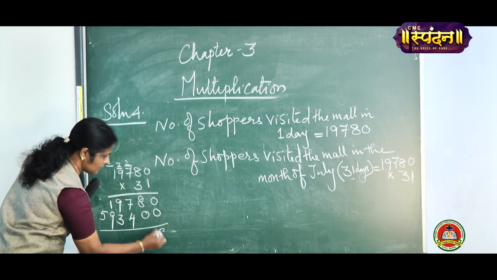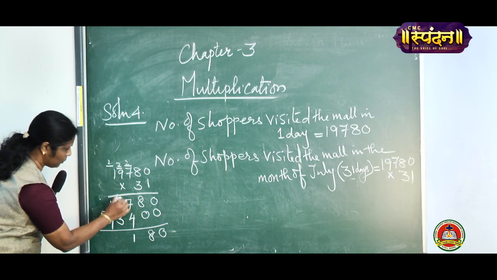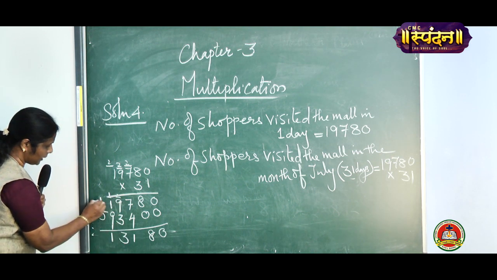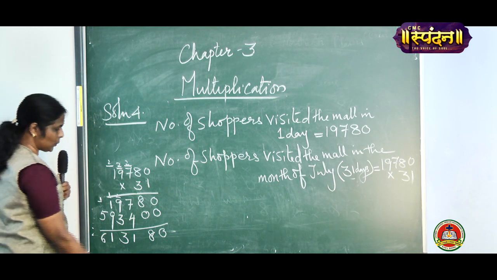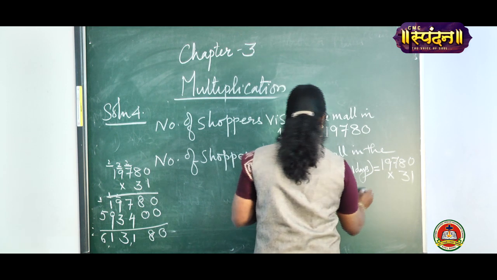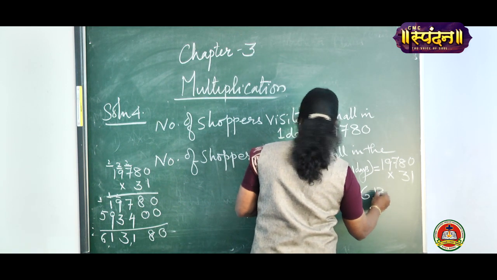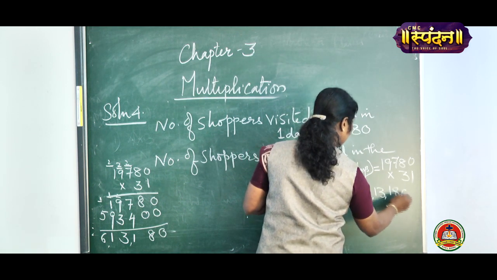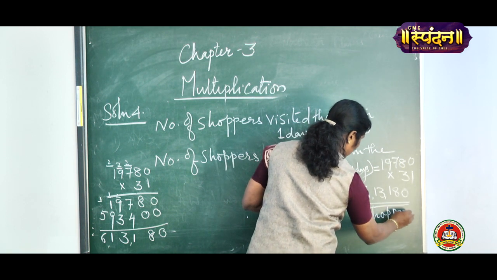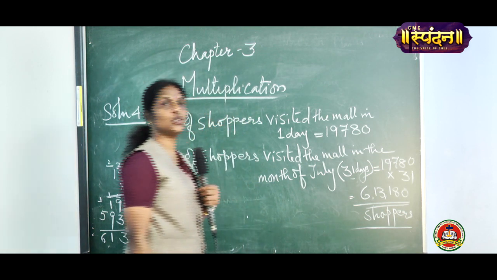Now add these numbers: 0, 8, 11, carry over 1, 10 plus 3 is 13, carry over 1, 10, 11, carry over 1, 6. This way we get about 6,13,180 shoppers visited the mall in the month of July.